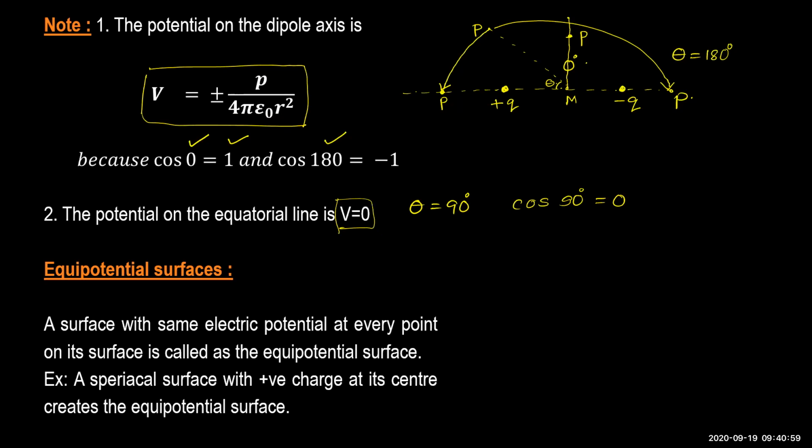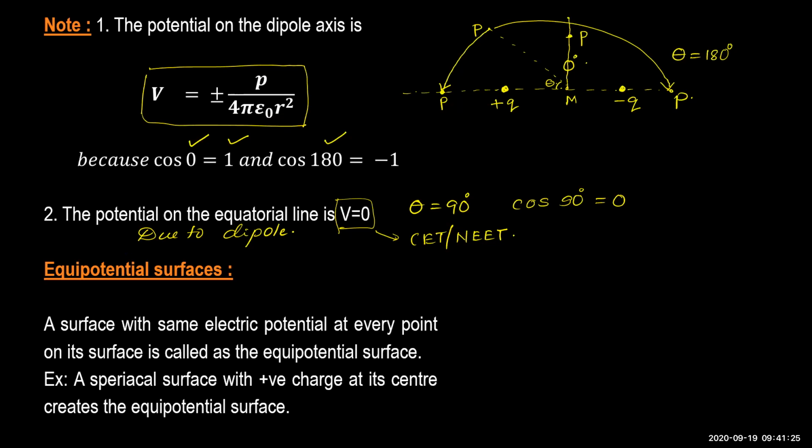Very important for CET NEET. Conceptual question. But it is due to a dipole, remember. The potential on the equatorial line due to a dipole is always 0.